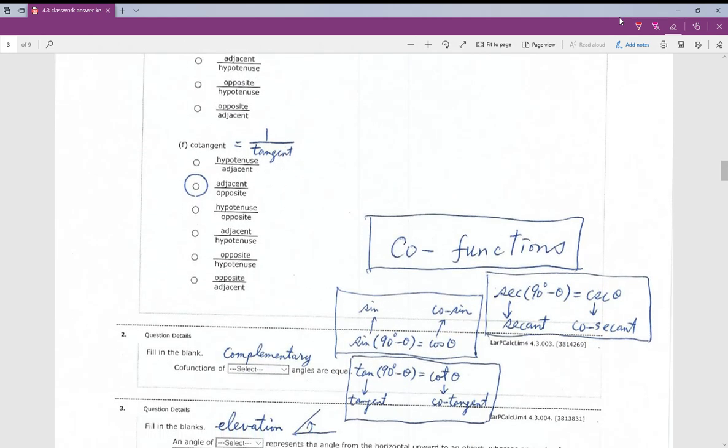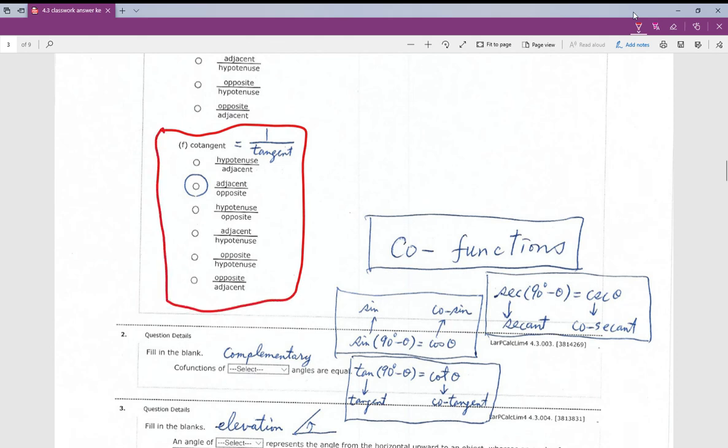So this is cotangent. Cotangent, why is it the reciprocal of the tangent? Because when we are talking about the tangent, we are talking about simply these two, right?